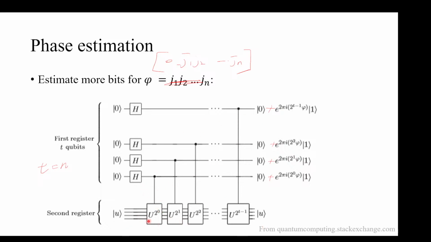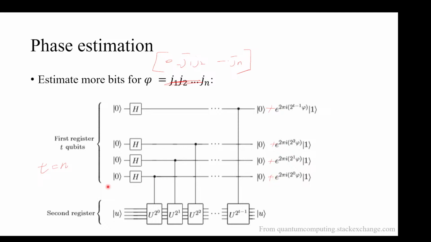After you apply each controlled unitary, the last register just stays u. This second register stays u all the time, because any power of u is still an eigenvector. So the last register is going to stay u, and you will provide a different amount of phase kickback to the previous qubits.